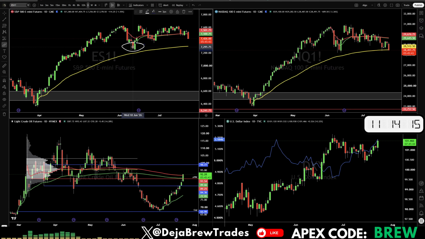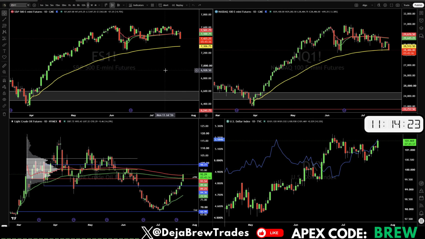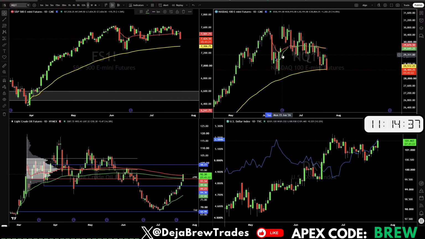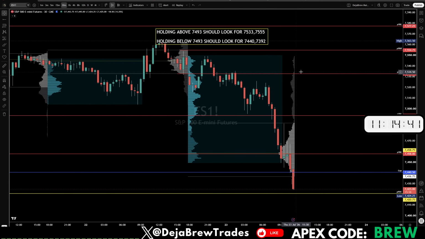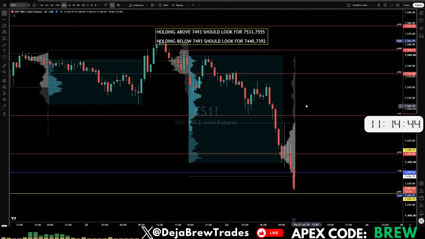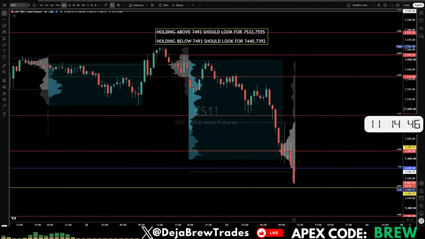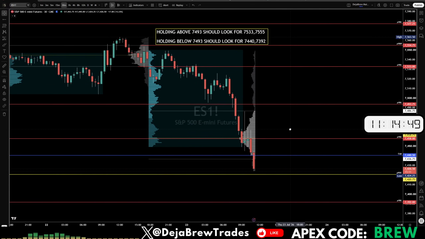You can see we bounced off it earlier in June. Here comes that POC, which could be a target here at 420, and then we have 392 for another target.